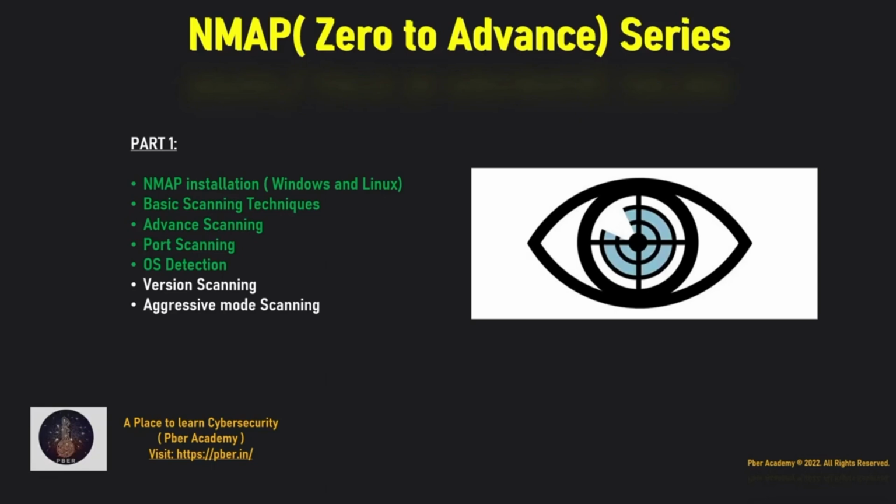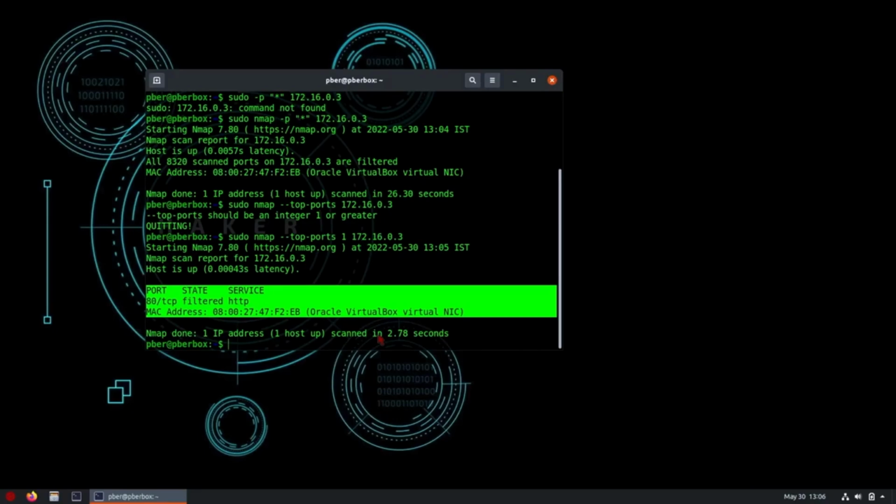If it finds a match or fingerprint, it provides a summary consisting of vendor names, operating systems, and versions. So if you want to know whether it is a Linux machine, a Mac OS, or a Windows machine, you can use OS version detection.